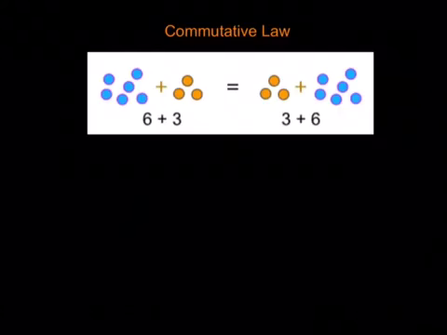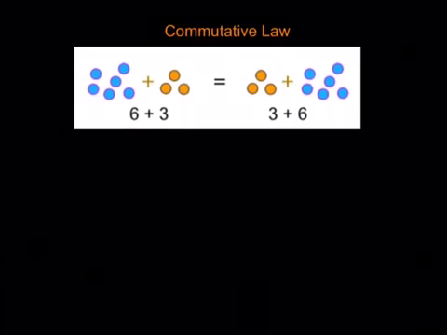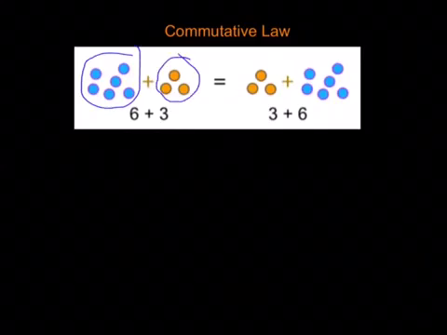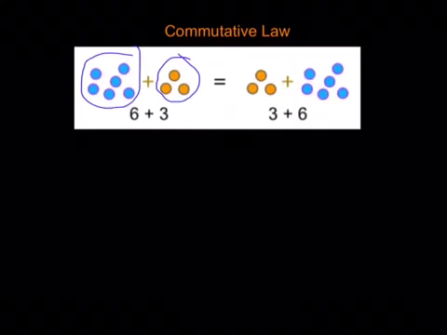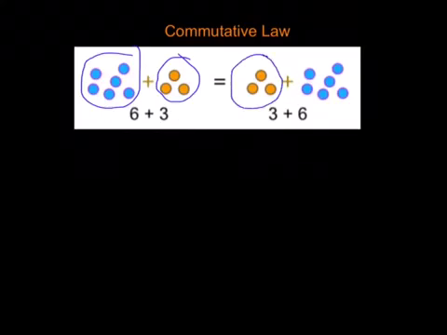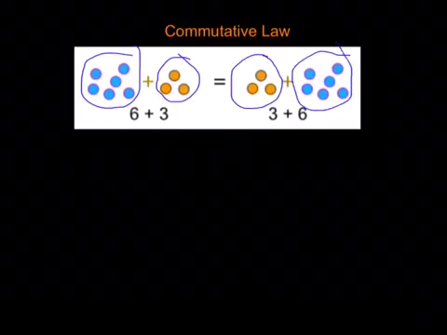So 6 here plus the 3 here. That is 9 there. And you still get the same answer if you switch the numbers around. So 3 plus 6. And that's really what commutative law is, just switching numbers around. It's pretty simple.